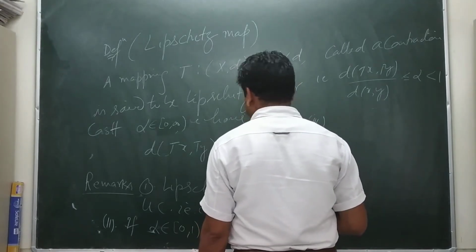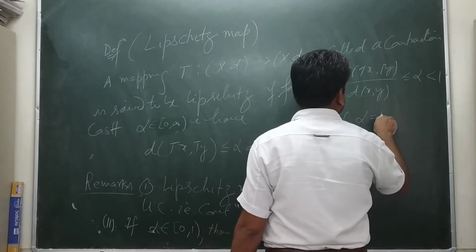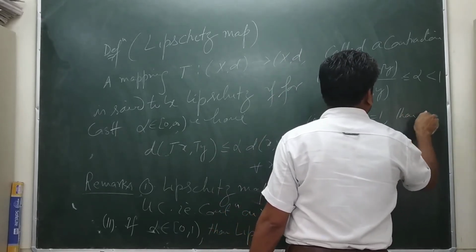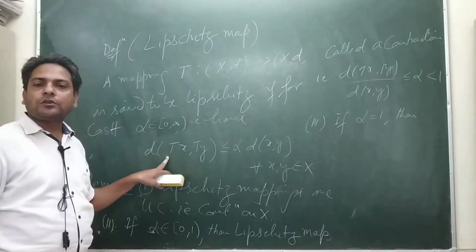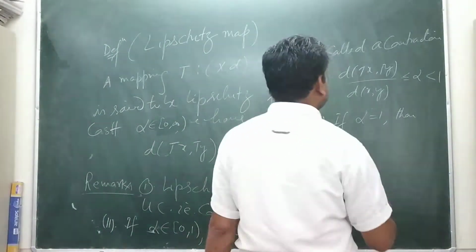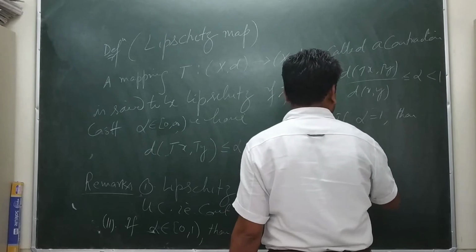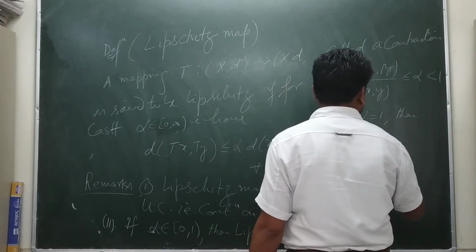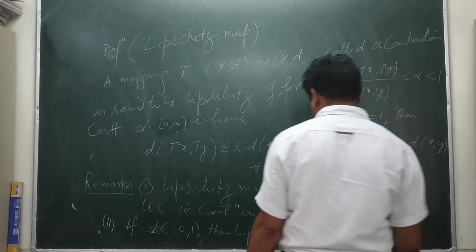Third one, if I consider alpha equals to 1, then the map, meaning the Lipschitz map, is called the non-expansive map. So here this definition becomes d of Tx Ty less than or equal to d of xy, of course for all x, y.